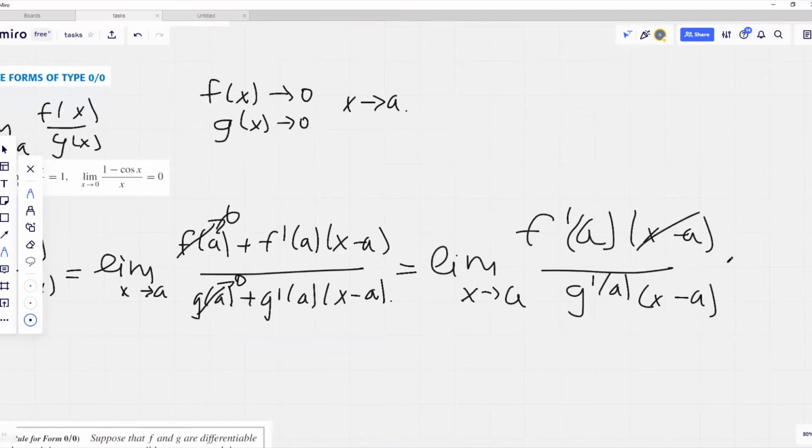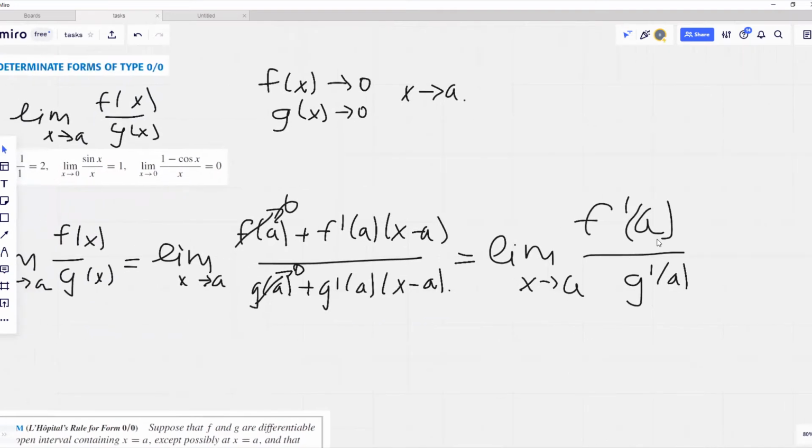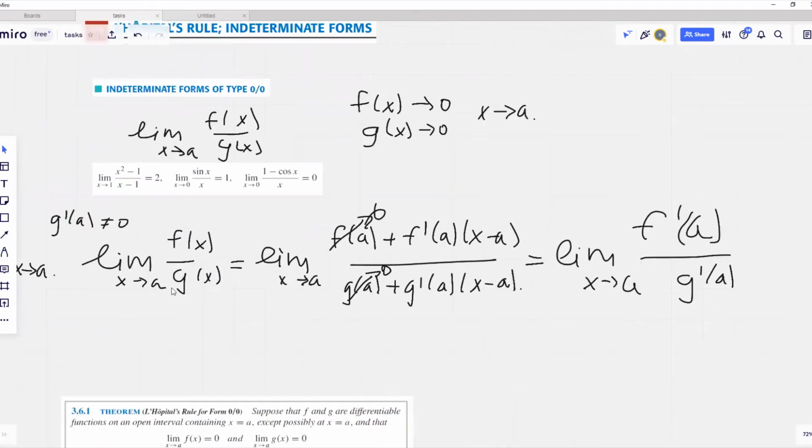Canceling out those two values, we end up with the following ratio. So we can replace a limit when x is approaching a of a ratio of two functions with the limit of the ratio of the slopes of their tangent lines at point a.